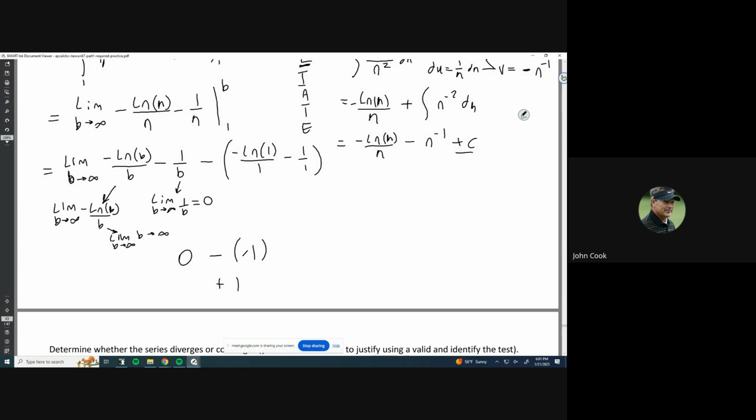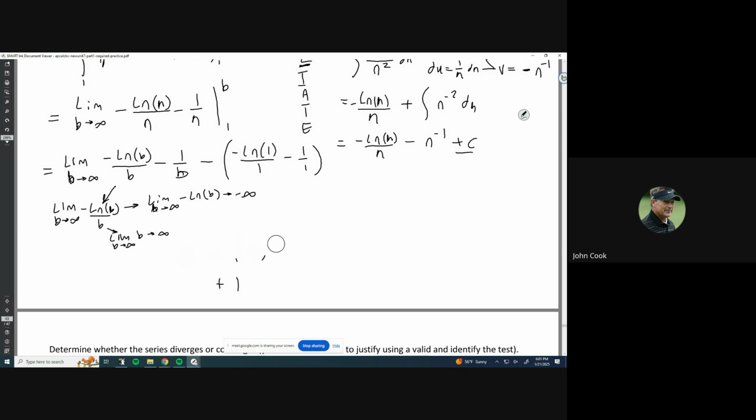And for this top part, the limit as b goes to infinity of negative natural log of b, this will go to negative infinity. Since it's infinity over infinity, we'd use L'Hopital's rule.